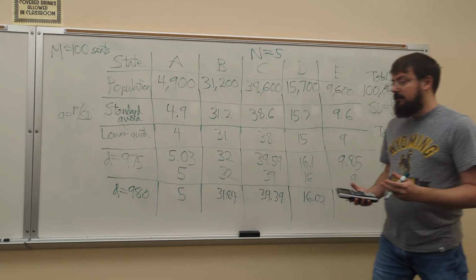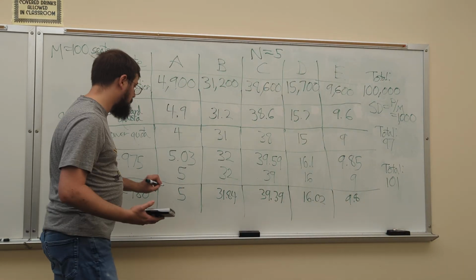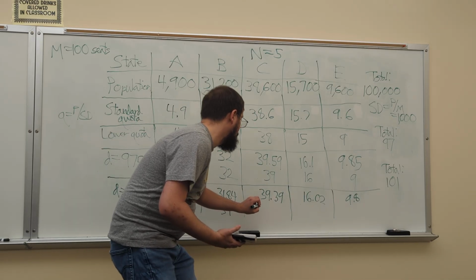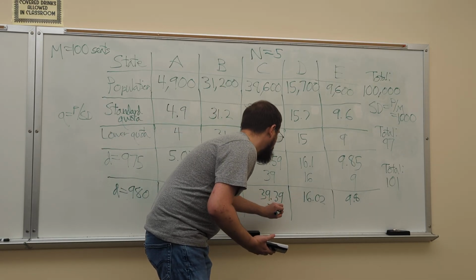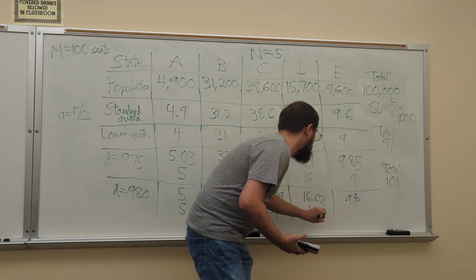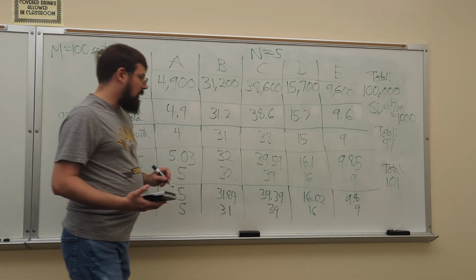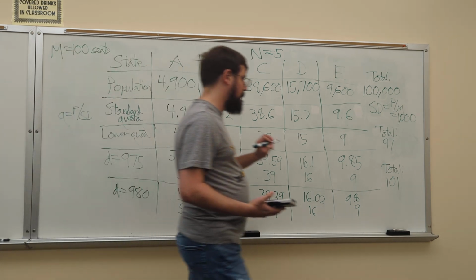All right, and if we round all of these down to the lower quotas, that gives us 5, 31, 39, 16, and 9. If we total all of these up, that gives us 100.